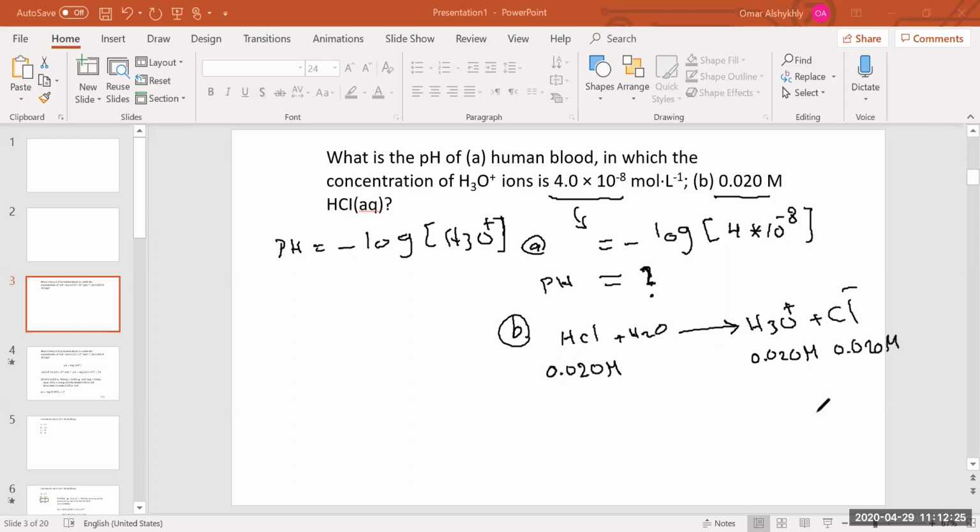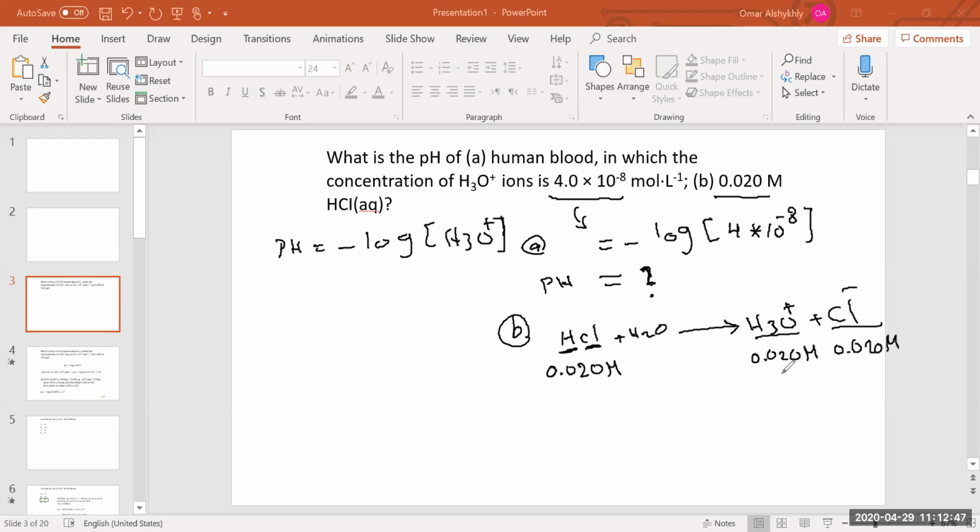Why is it the same? Because we have one H and one Cl. If you have two H, you will multiply this molarity by 2. If you have two Cl, for example, but that's not the case. We don't have two Cl because hydrogen always has one positive charge.